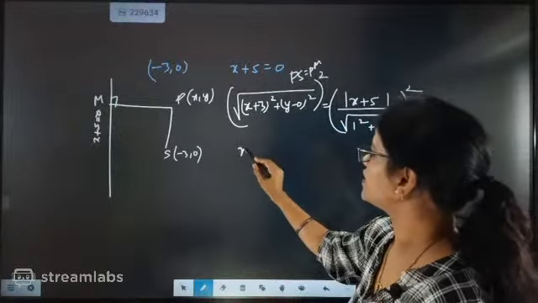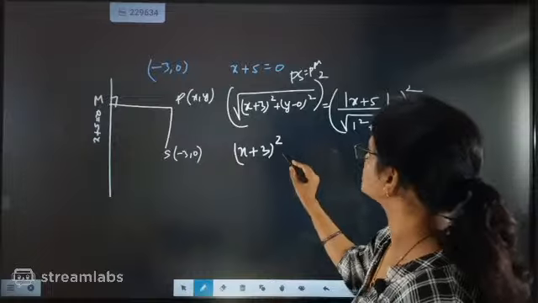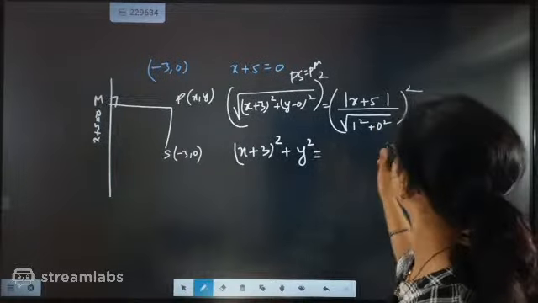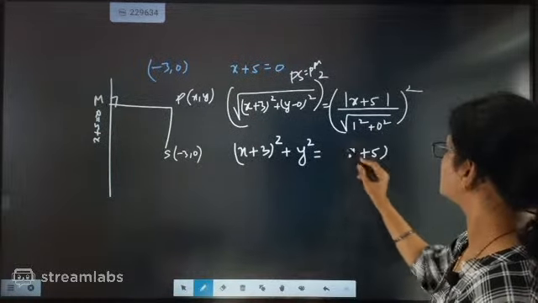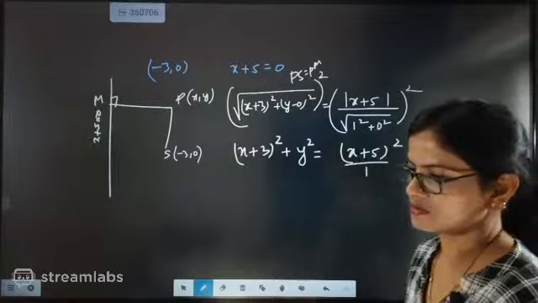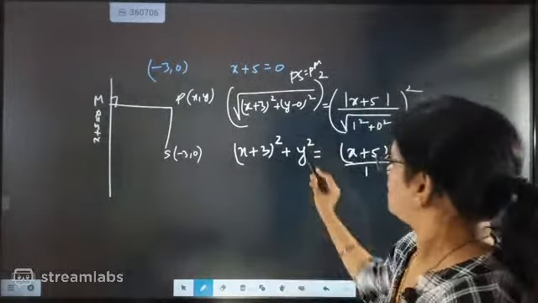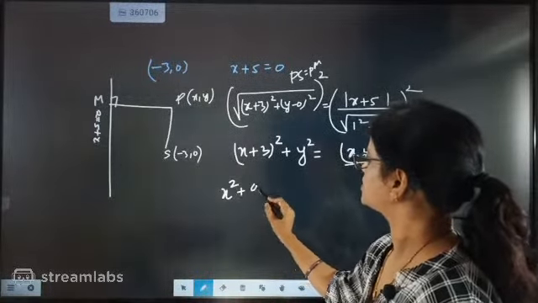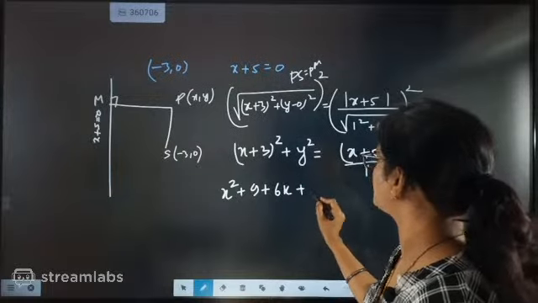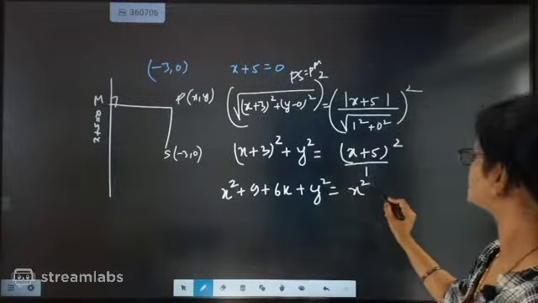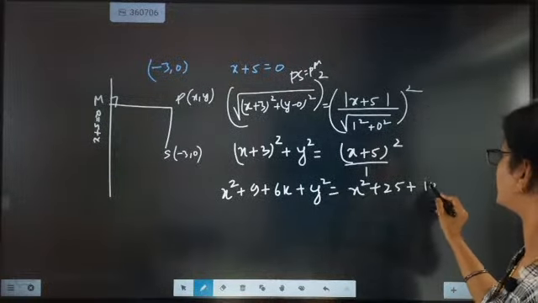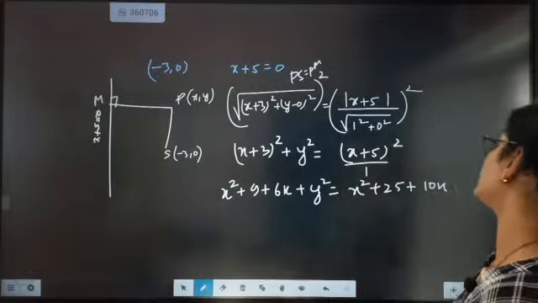So once you square it, (x plus 3) whole square plus y square will be equal to (x plus y) whole square by 1. x square plus y square plus 6x plus 9 equals x square plus 25 plus 10x. This is going to be the equation.